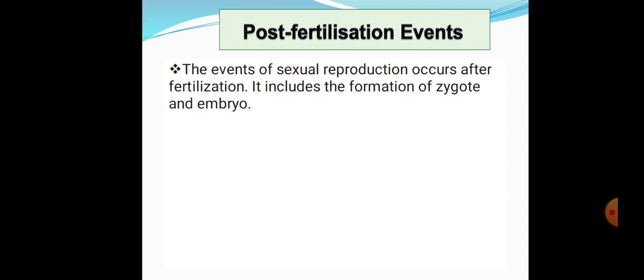Let us see the post-fertilization events. The events of sexual reproduction that occur after fertilization are said to be post-fertilization events. It includes the formation of zygote, then the embryo. Let me see what is zygote.